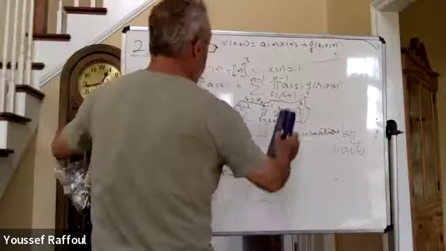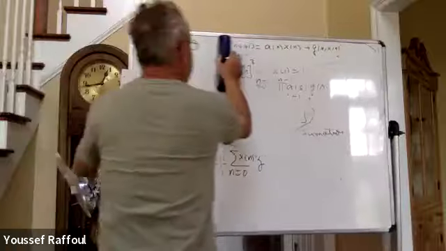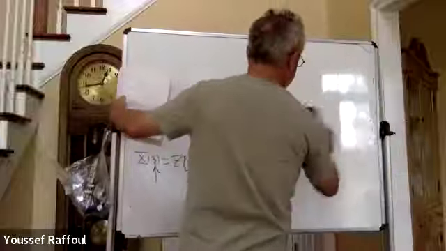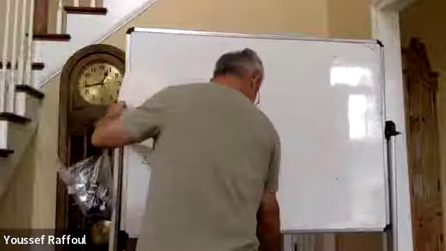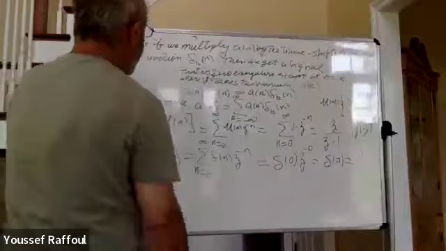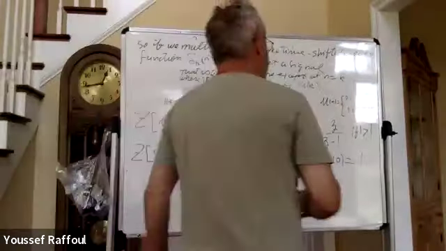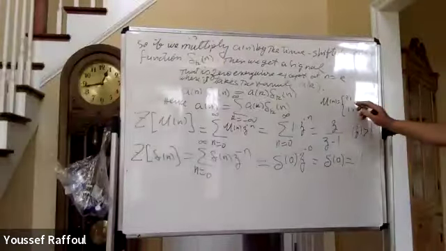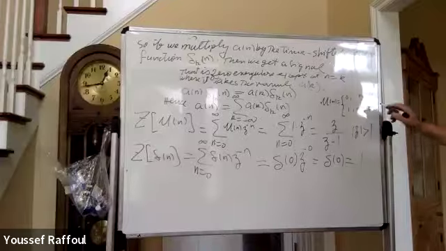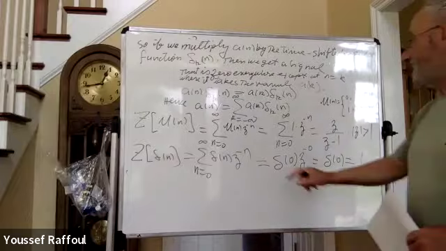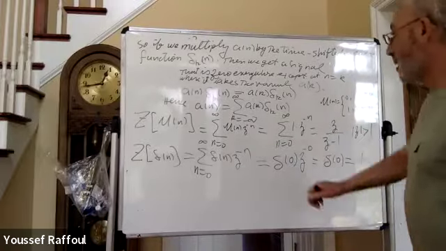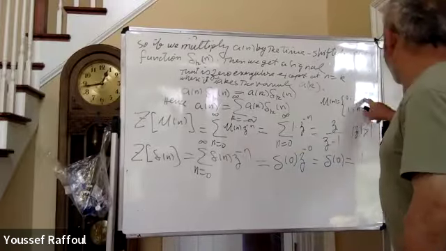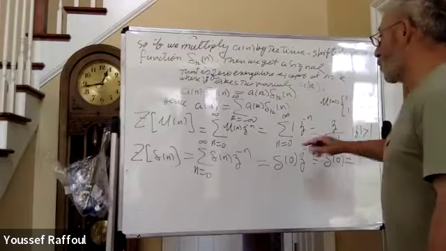And we did last time, we defined u_n, the unit step function, which is 0 for n less than 0, and 1 for n bigger or equal to 0.